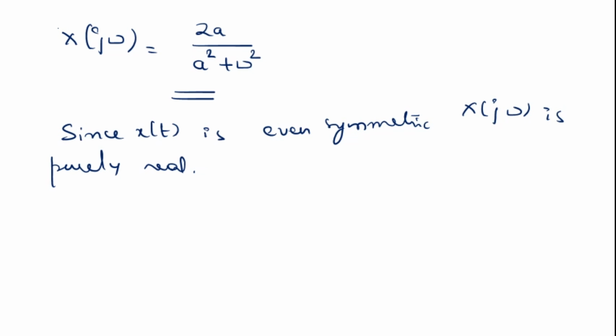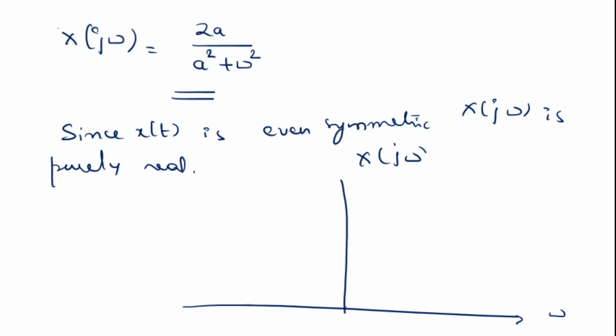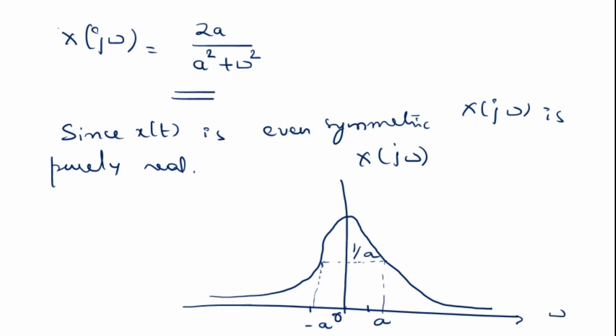So we can draw the spectrum as x of j omega, so 0, this is a and this is minus a, one by a amplitude, and this is 2 by a.